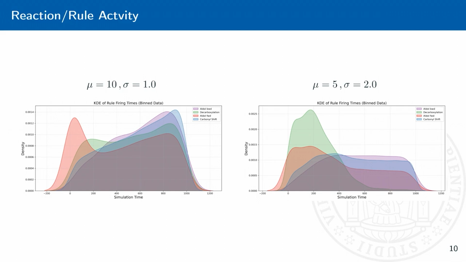Again, you can see that the system on the right-hand side, with different parameters, shows a similar general behavior, initially higher relative activity of aldol additions, accompanied by decarboxylations, both of which decrease over time. But the overall dynamic behavior is rather different.